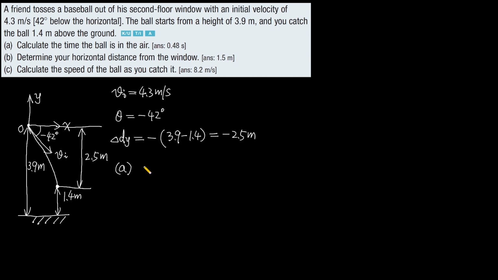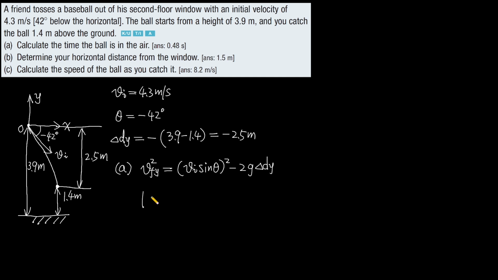So we start from this formula. We know the final vertical velocity squared equals the initial velocity multiplied by sin theta, squared, minus 2 multiplied by acceleration g multiplied by vertical displacement.